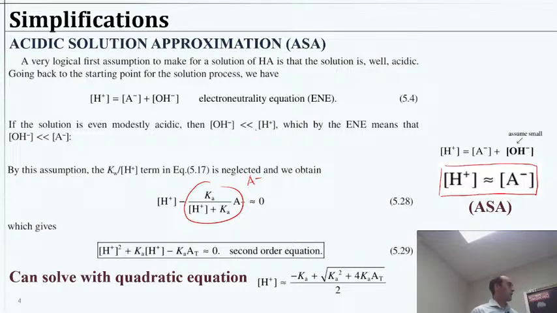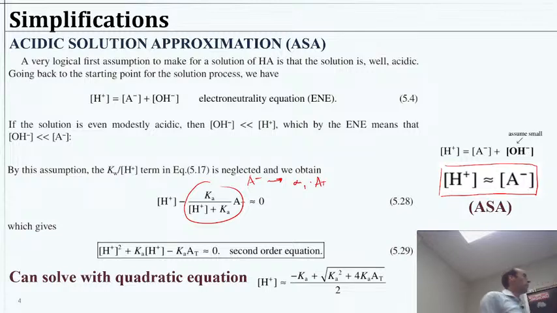The AT, that's the total amount of acid, and we have some portion of it. So this is saying that alpha 1 times AT, sorry, it should be alpha 1. Okay, so this is just the expanded version of that.